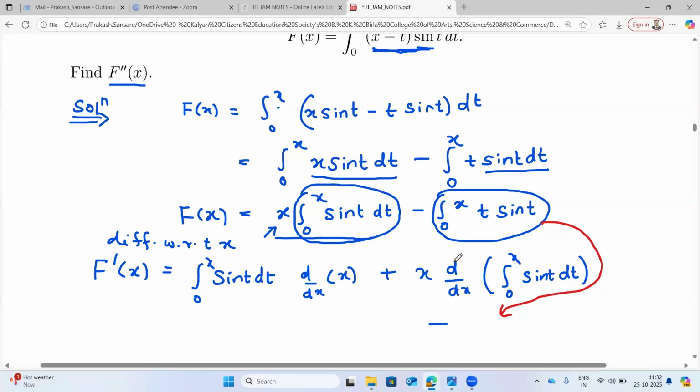It will be x sin x, by the first fundamental theorem of integral calculus. This is an indefinite integral, so its derivative is basically x sin x. Very good.